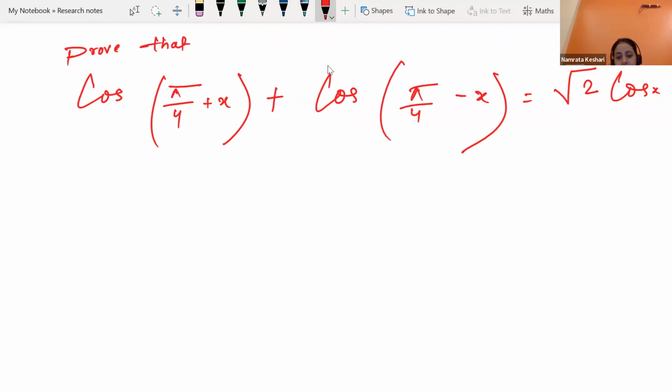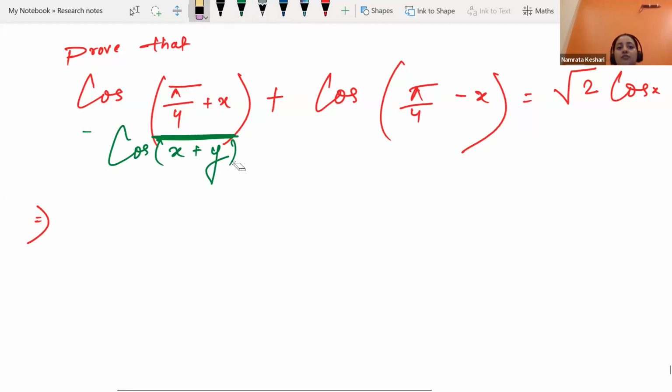Does it look like the x plus y rule? Cos of x plus y. Can you see? Yes, ma'am. Okay, then we are allowed to use the formula. Which formula? The formula we have just now written.